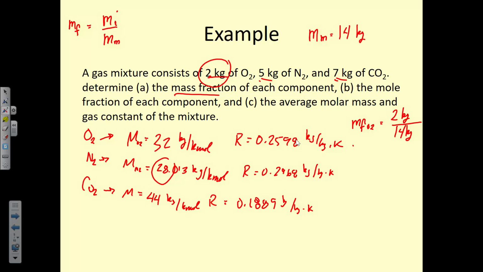So the mass fraction of nitrogen is equal to what? 5 kilograms over 14 kilograms. And the mass fraction of CO2 is equal to 7 kilograms over 14 kilograms, right?